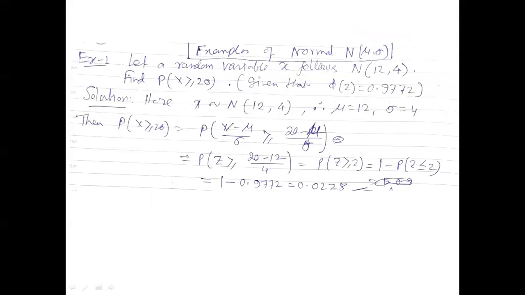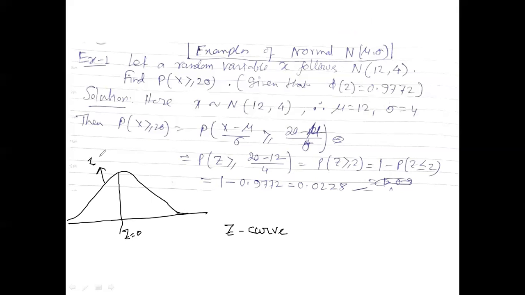To do this, we may take the help of the z distribution curve, which is similar to this. It is a bell-shaped curve, called the z curve. This is z equal to 0.